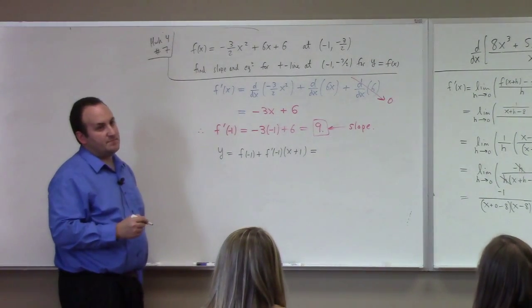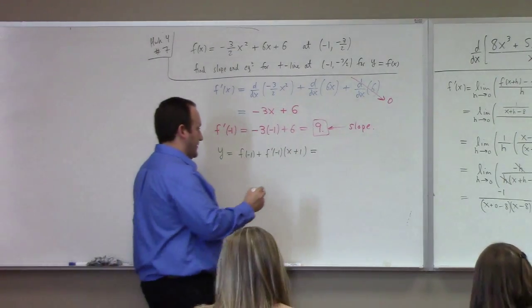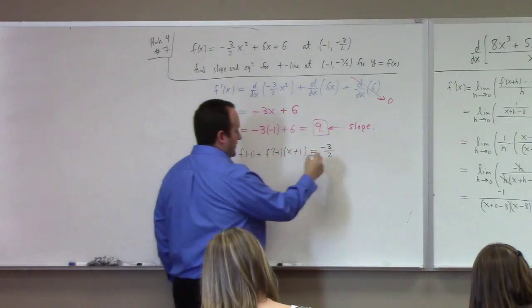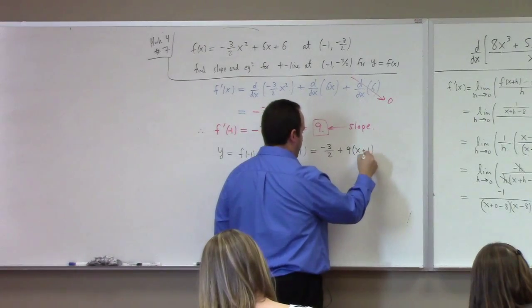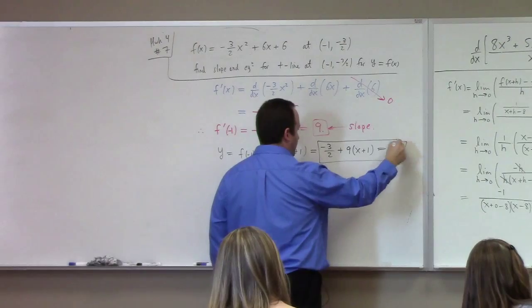It was given to you implicitly at the start. Negative 3 halves, right. That's the y coordinate of the point of tangency. And then f prime of minus 1 is 9, and x plus 1 is its own self. There you go. So there's the equation of the tangent line.